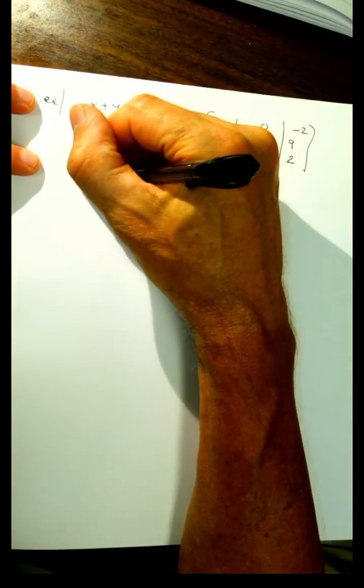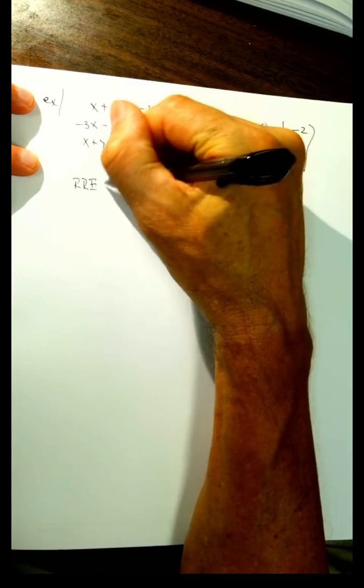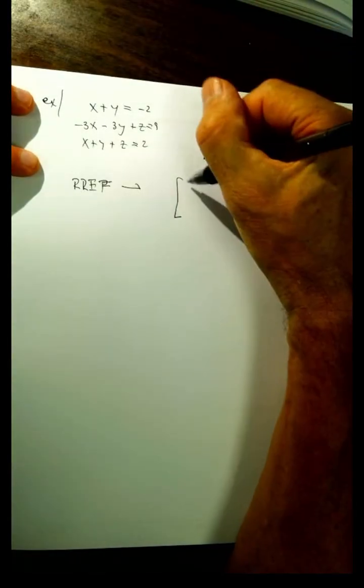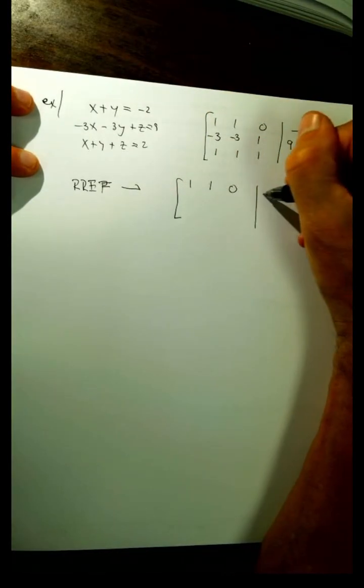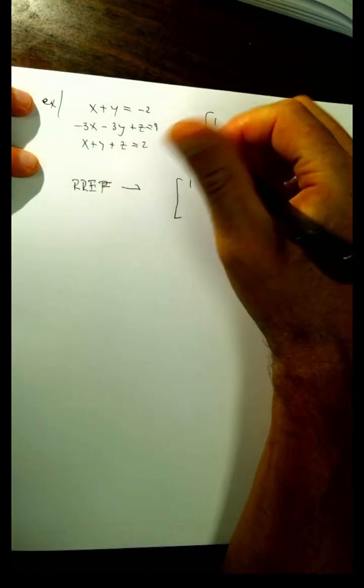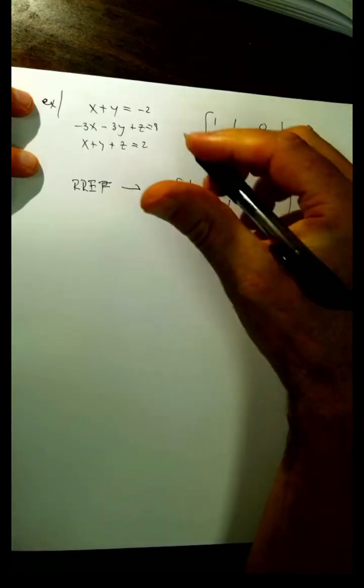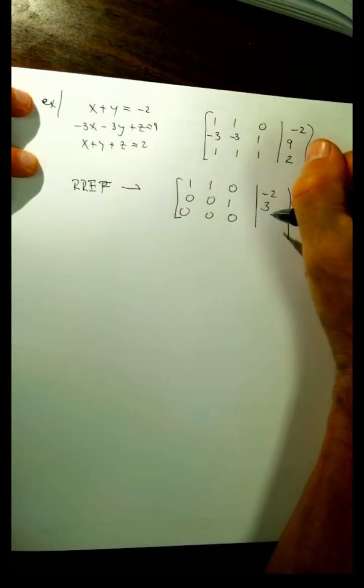At this point, you should be able to reduce this and put it in reduced row echelon form. If you do that, you should get the following: 1, 1, 0, minus 2, 0, 0, 1, 3, and 0, 0, 0, 1.